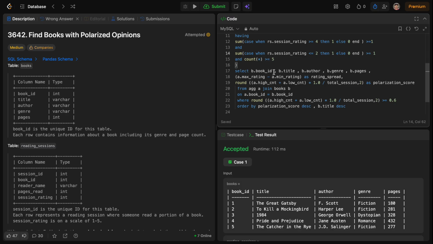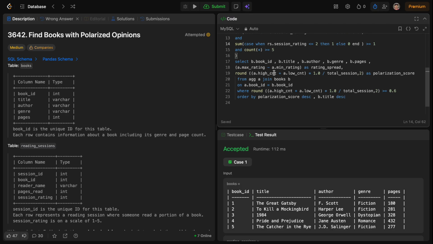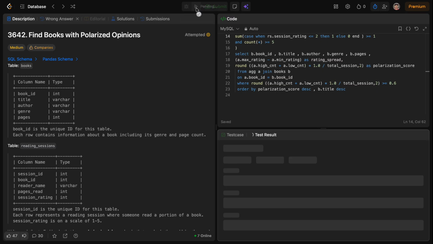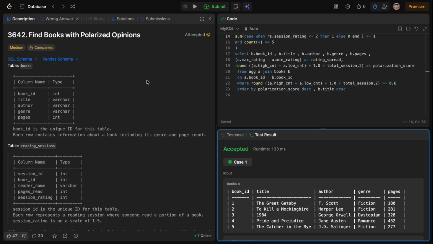And now extracting all the required columns or attributes from the desired table, like the aggregate, so B.book_id, title, author, genre, and pages. So the rating spread is maximum minus minimum, and the highest plus lowest divided by the total session, and the decimal count as 2. So now run this and let's see. If it still shows an error, there should be some other issue.